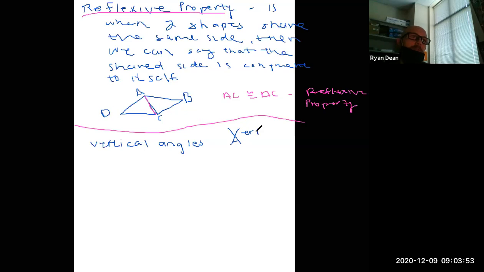And we just put a V on the top and A on the bottom, and then we can spell out vertical angles. So vertical angles are congruent, and they are the opposite of each other. They just face each other. So vertical angles are congruent, and the way that you identify them is with a picture like this.